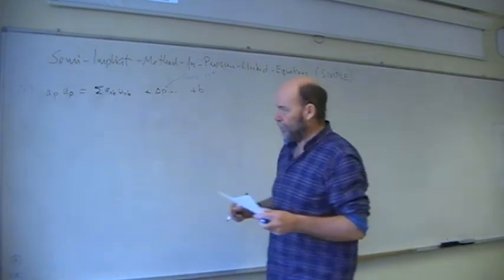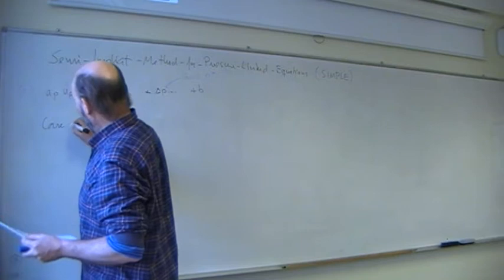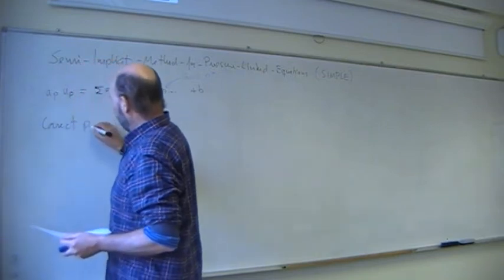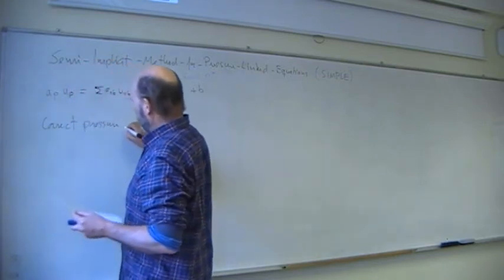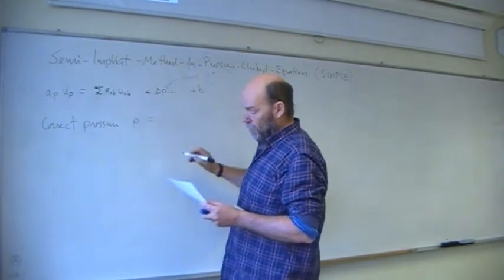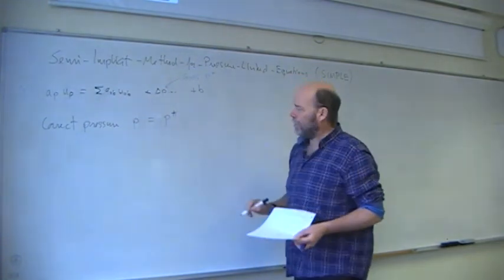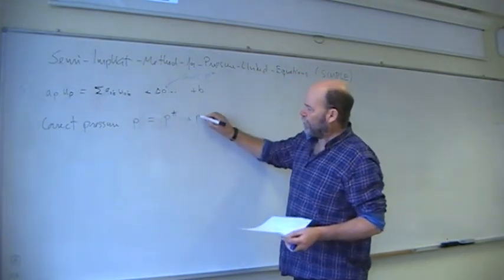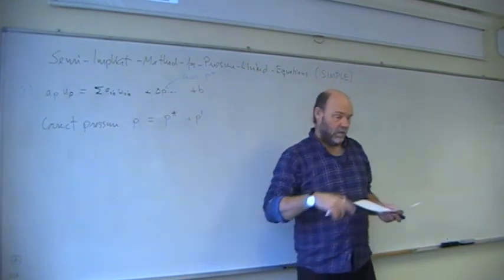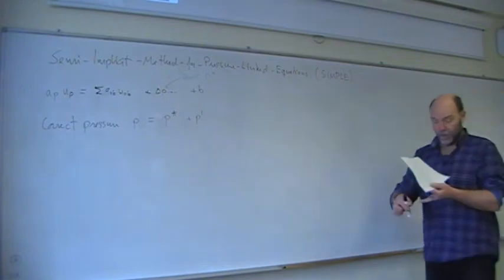Then we correct. The correct pressure should now just be called P. P will be equal to the one we guessed, P star, plus a correction, P stroke. So here, the pressure correction.